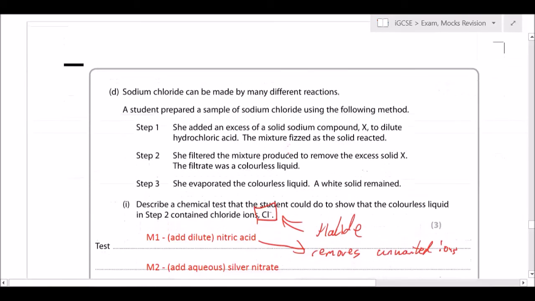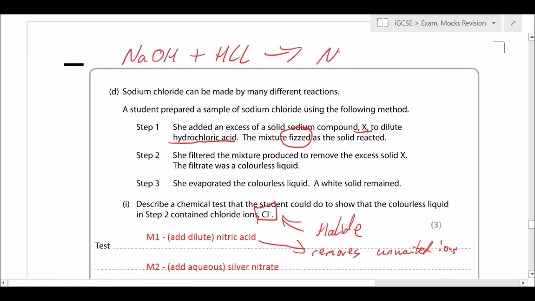If you go back to the original statement, when she added hydrochloric acid to this compound X, it fizzed. And you should know that NaOH plus HCl goes to form NaCl plus H2O. Neither of these is a gas; in fact they'd be dissolved in water. H2O obviously is a liquid.